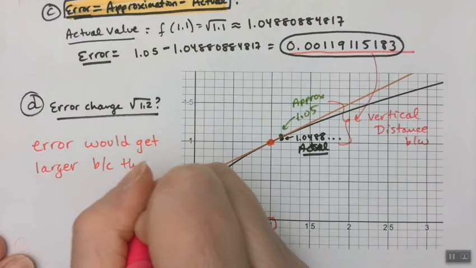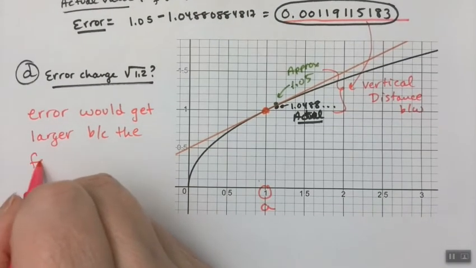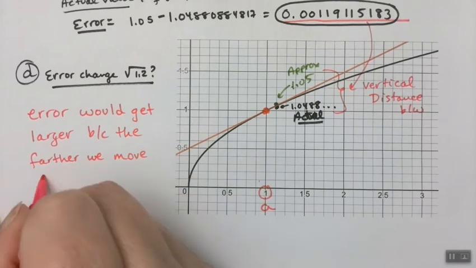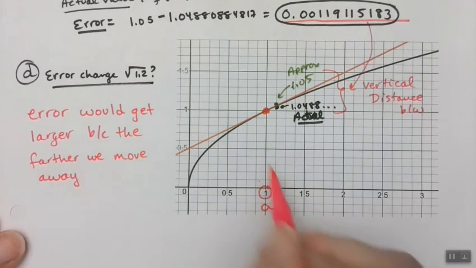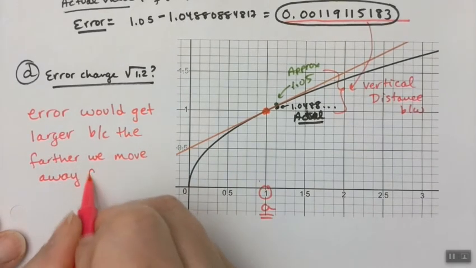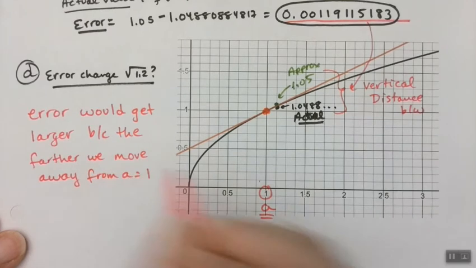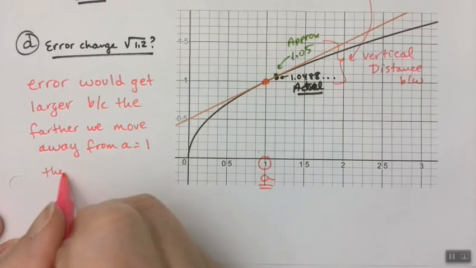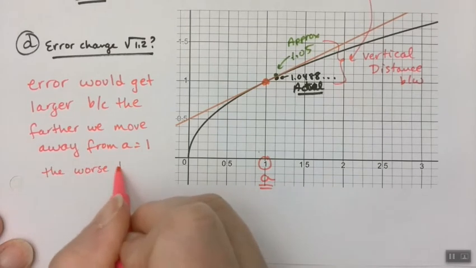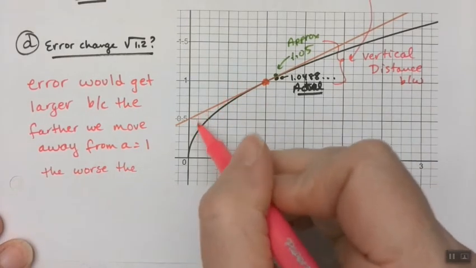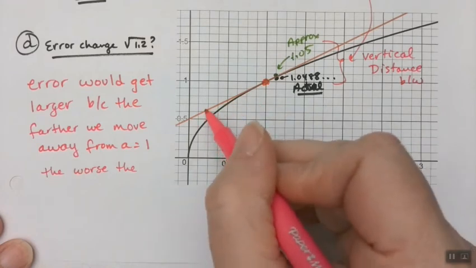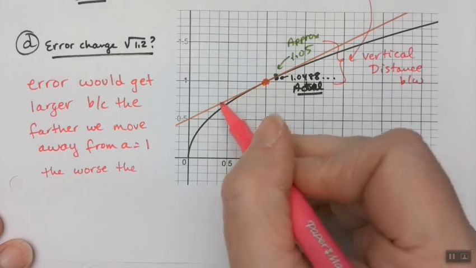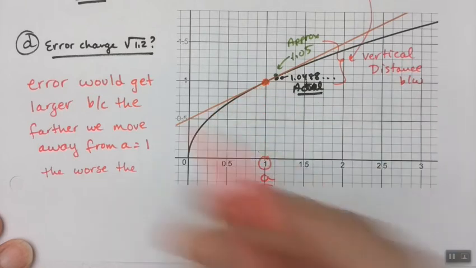Because the farther we move away from where our equation was based, which was a equals 1, right, that's where our linear equation came from, the worse the approximation will be. Right? The worse this tangent line gets, right? And you can see it over here. The tangent line's not good over here. Right up close to that dot, it's not bad, but the farther we get away from it, the more gap there's going to be.